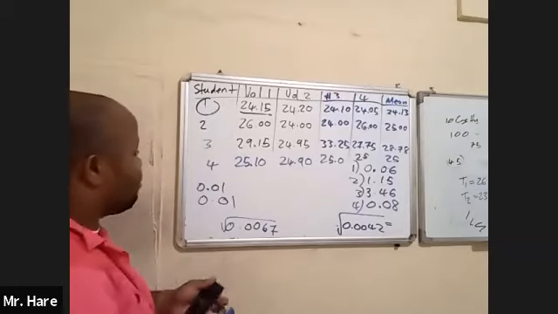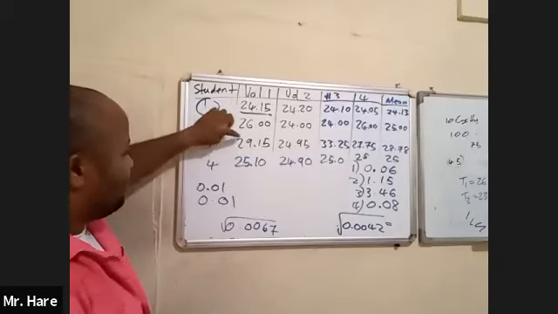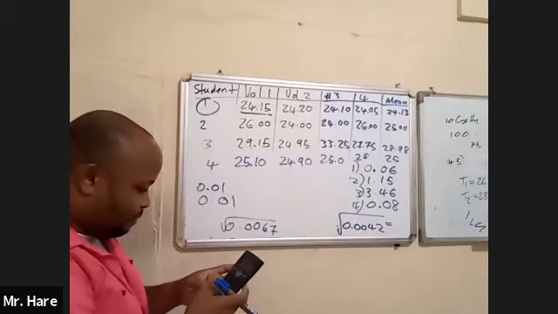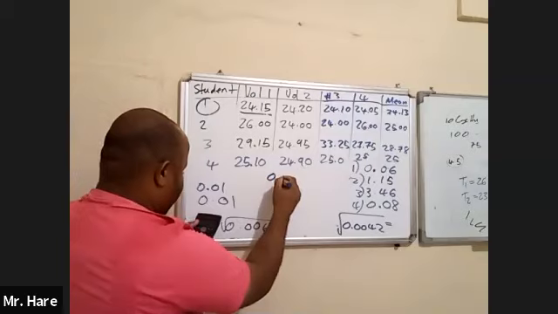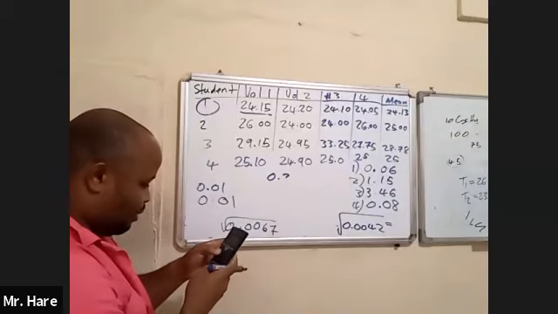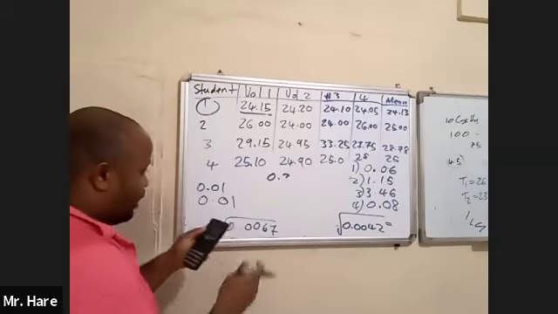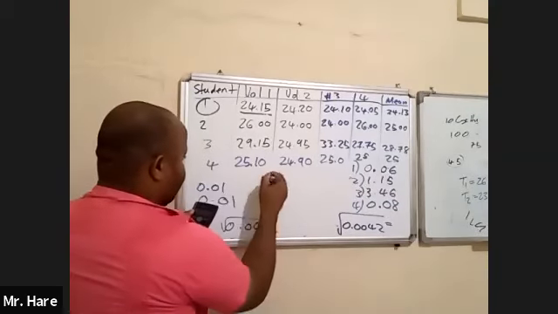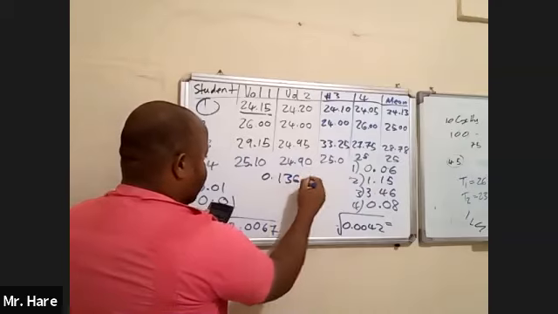All right, so number 3, it would be 29.15 take away 28.78, which is the mean. So I'm getting 0.37. Now square it. When I square it, I get 0.1369.